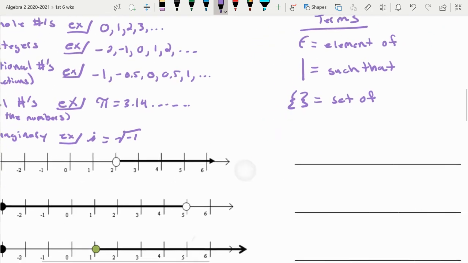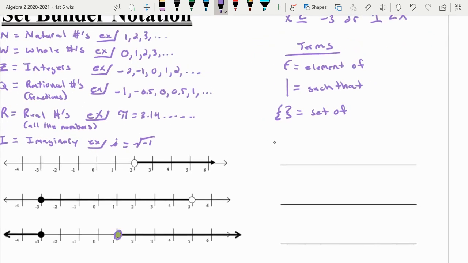So here's the same number systems. Basically what we're going to do is declare a number system and give the inequality. So we're going to start with the brackets here, and I'm going to say x, and we're going to check the x values.